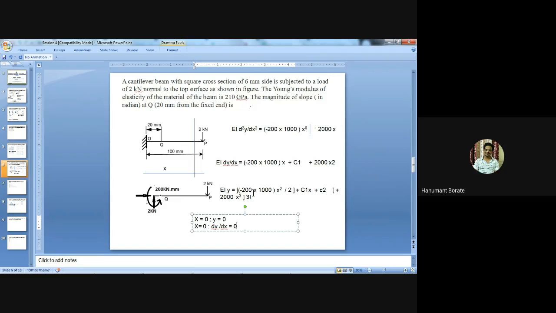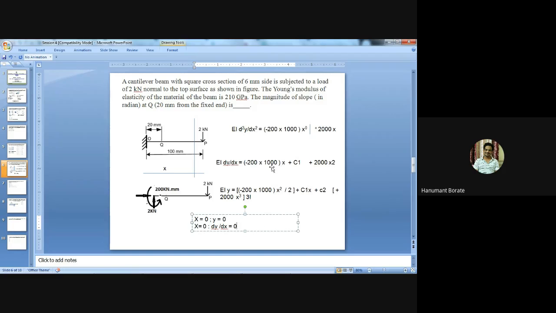This is equation 1, this is equation 2, and this is equation 3. If we put x equal to 0, y equal to 0, we directly get c2 equal to 0. Now for the second condition, if we put dy by dx equal to 0 and x equal to 0, here also we get c1 equal to 0. So for a cantilever beam, generally we get c1 and c2 values as 0.